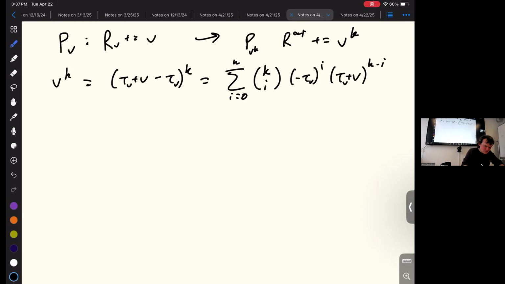There we go. So how is this actually useful to us? Well, if I run the program P_V, now R_V equals tau_v plus v. Then I'm going to use some auxiliary registers, R_i. I'm going to say R_i plus equals R_V to the i for all i equals 0 up to k.